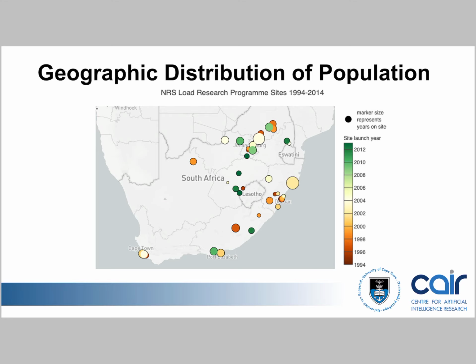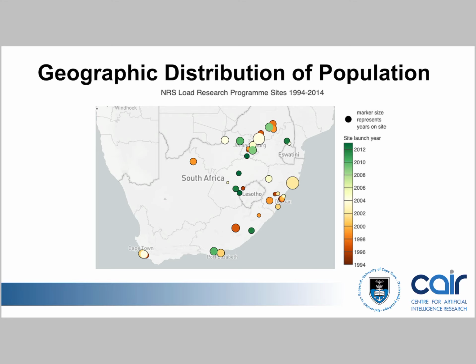I'll now go through a couple of slides to describe the population in the data set. The geographic distribution of the population is shown on the map. You'll see the bigger the dot, the longer data was collected at a particular site. The red dots show that the data collection at a site started longer ago, whereas the green dots show that the data collection started more recently.